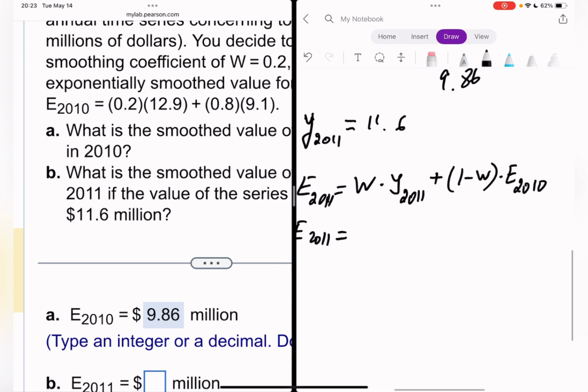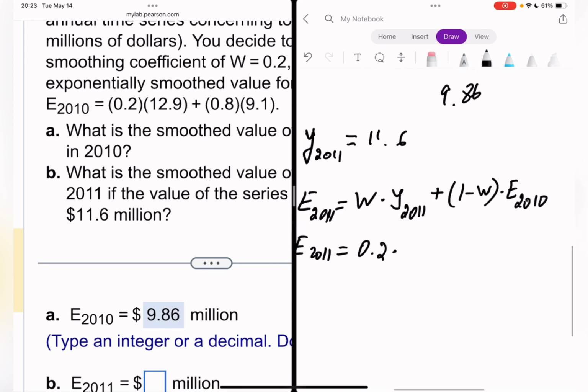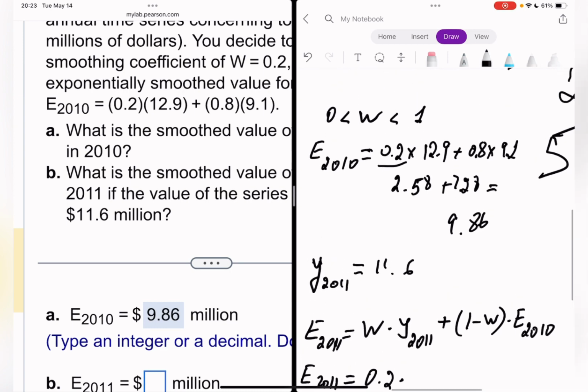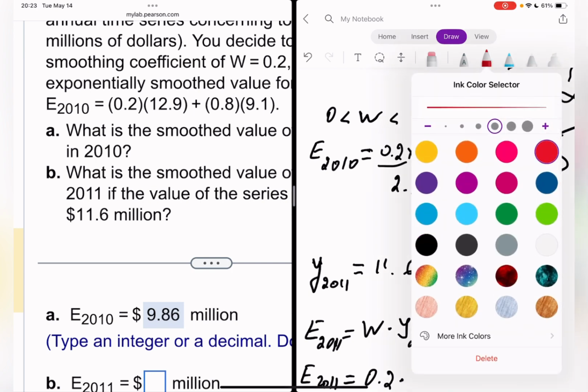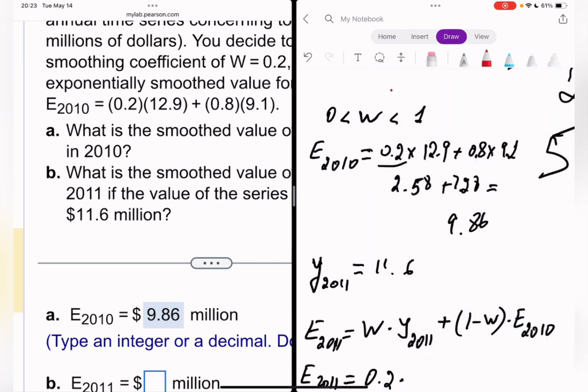Okay, so 0.2. Why did I take this? Because the formula here is E. Let me see.